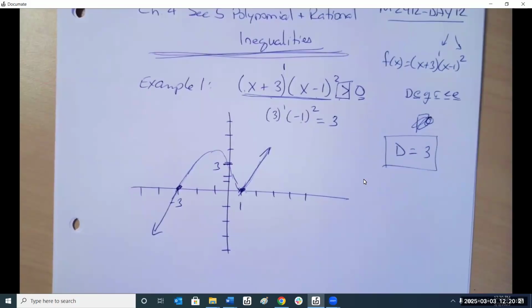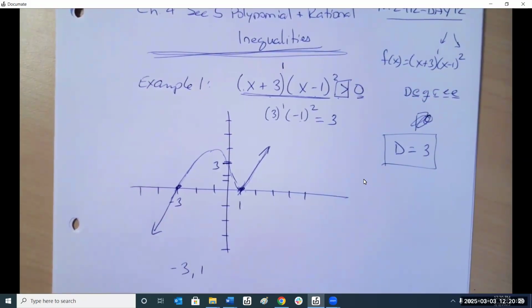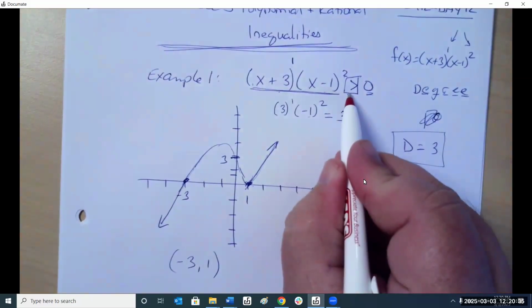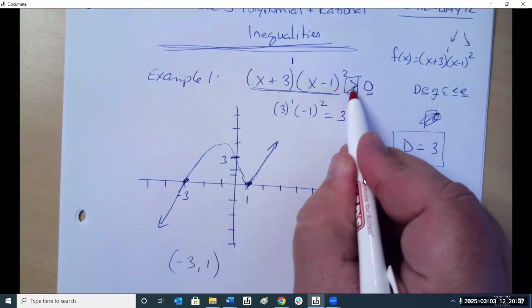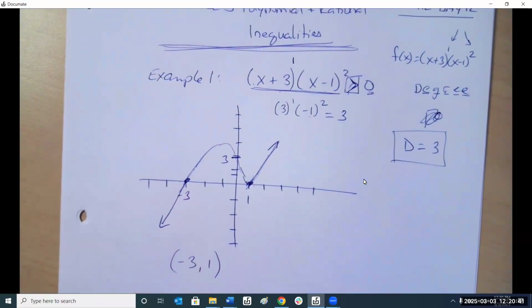Give me intervals. Negative infinity, open or close parenthesis, or brackets? No, because there's no equal sign here, it cannot equal 0. So it cannot be the intercept. So it has to be parentheses.